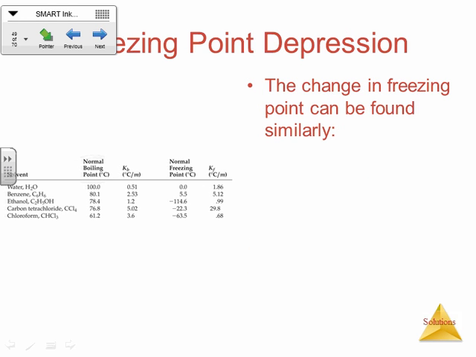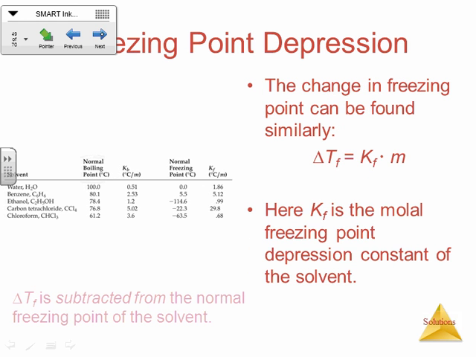All right, so change in freezing point, it's a very similar equation here. It's just you've got a K constant, freezing constant instead of a boiling constant, but it's basically the same thing. And here you have to make sure that you subtract whatever temperature you get here. You have to subtract that from the normal freezing point.